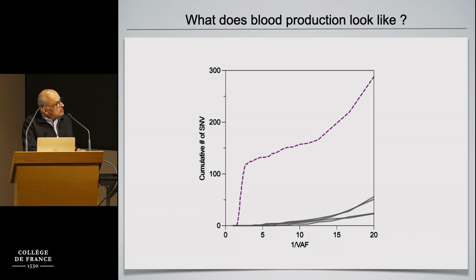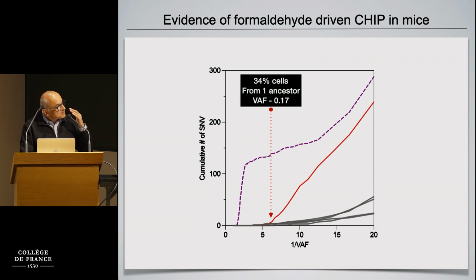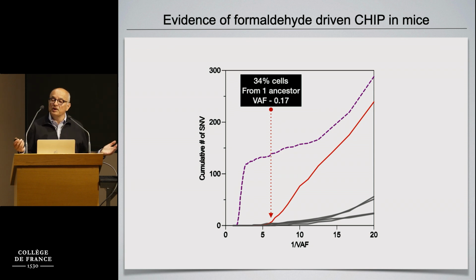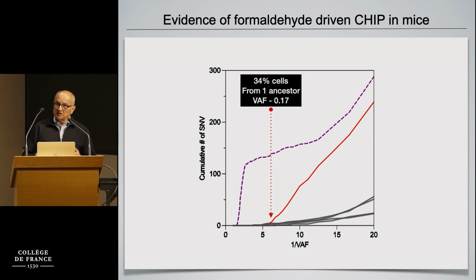What I'm showing you here is the analysis I've already talked about in the extreme uniclonal mice. What happens if we do the same analysis in the formaldehyde superaccumulating mice? What we get, at least in this singular example, is a huge steep rise in variance, which is not a surprise because I've already told you that the endogenous formaldehyde is driving a natural level of mutation about 4 or 5 times higher than the natural rate.